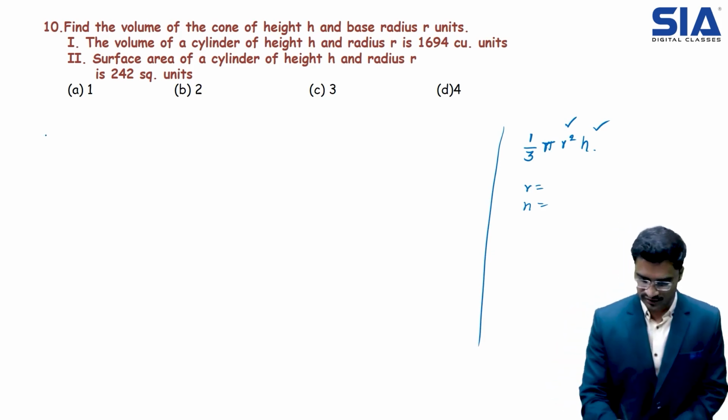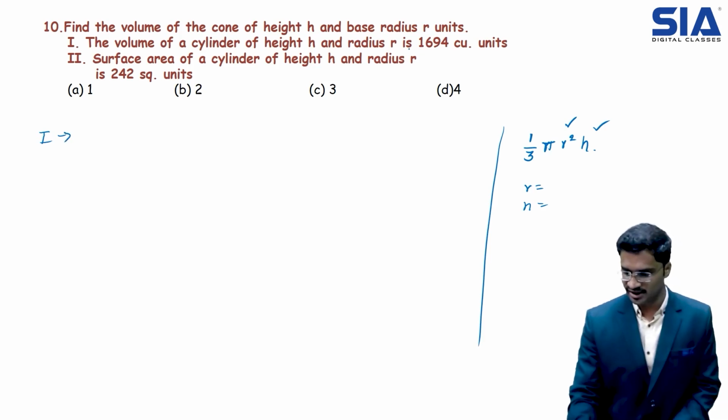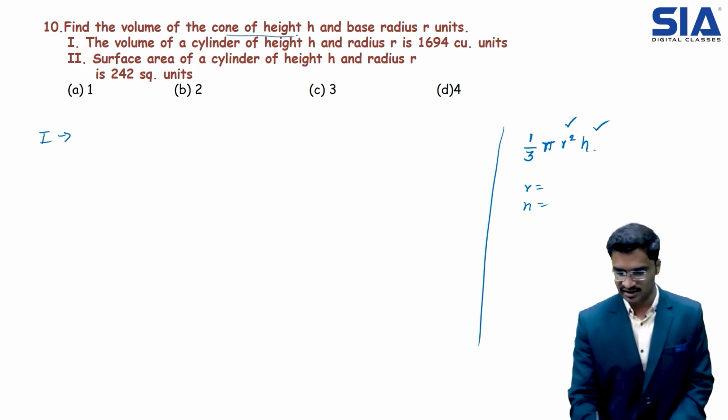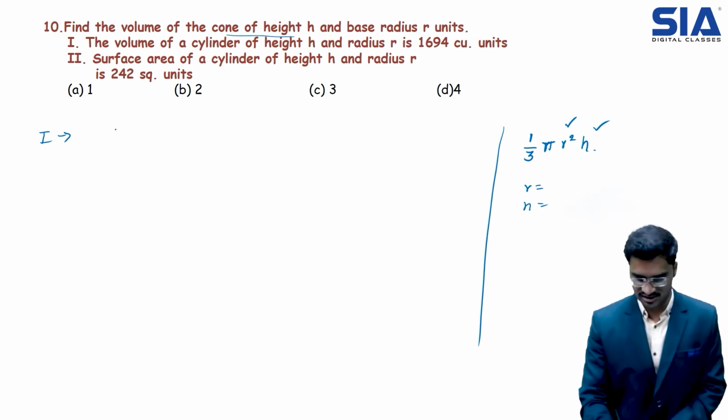First of all, the first statement says the volume of a cylinder of height h and radius r. Here we are finding the cone volume, but in the first statement he is saying the volume of a cylinder with height h. So the volume of a cylinder is what? Pi r square h.